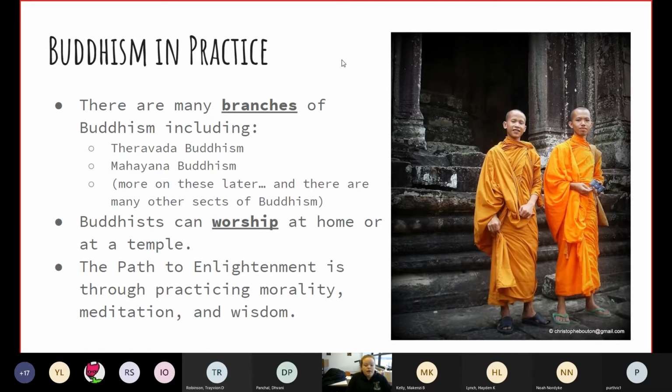So there are many branches of Buddhism, so different groups of Buddhism, including Theravada Buddhism and Mahayana Buddhism. And we'll talk more on these later, but there are many other sects of Buddhism as well. Buddhists can worship at home or at a temple. It doesn't really matter which way. And the path to enlightenment is through practicing morality, meditation, and wisdom.